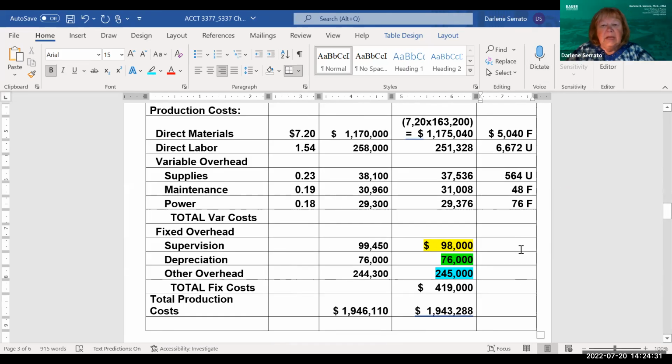So this one is 1,450 unfavorable. This one, depreciation is 0.